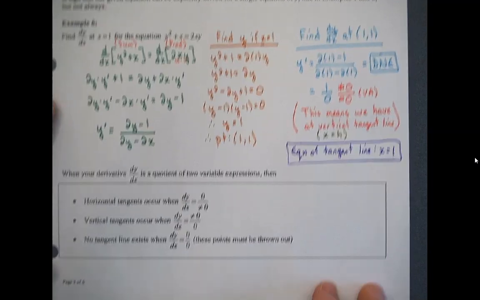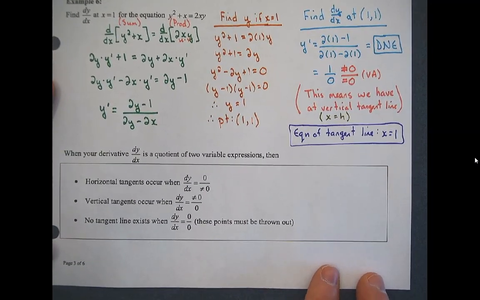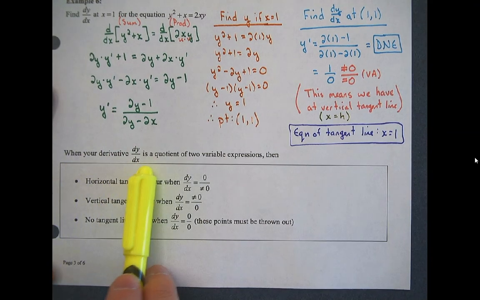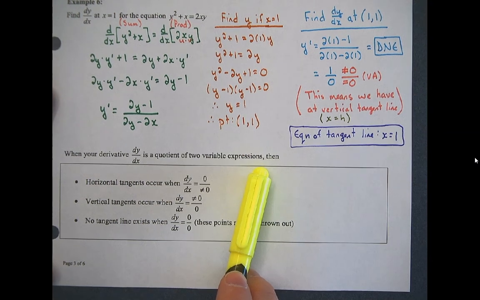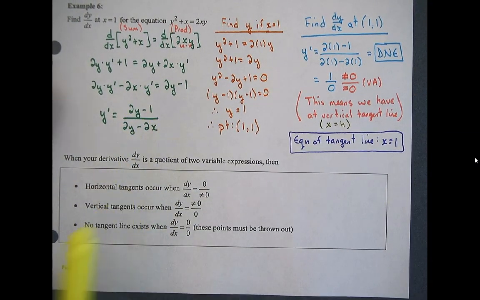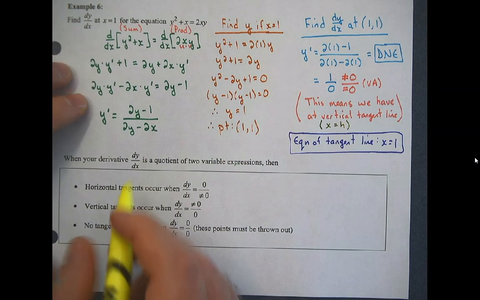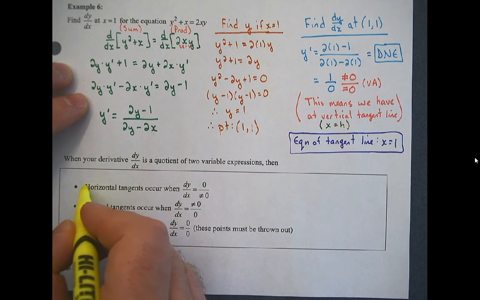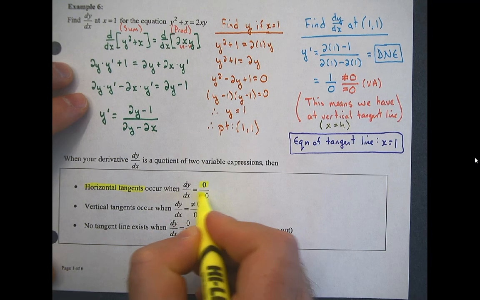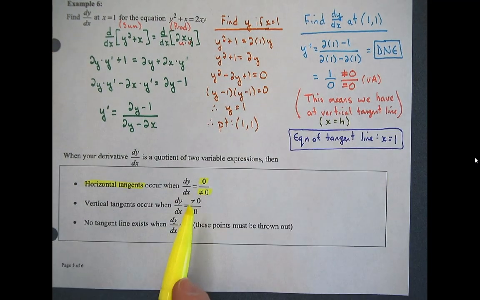All right, so this kind of brings back a couple of things from the past. So let's highlight these in this box here. When your derivative is a quotient of two variable expressions, in other words, when you take the derivative and you get something over something else, remember, a horizontal tangent line occurs when you have a 0 over the top and not a 0 on the bottom, because that equals 0, and so that means your graph levels off at 0.